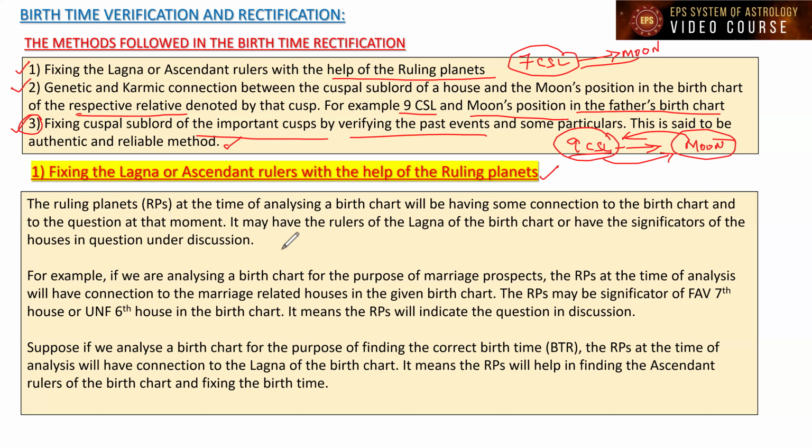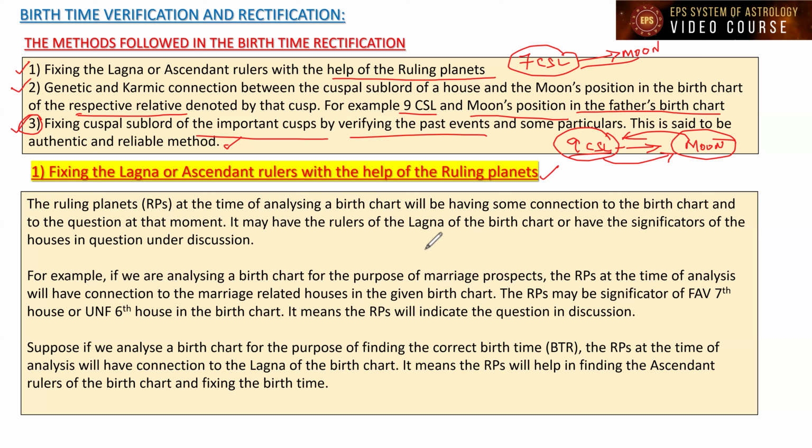It means, suppose we are taking a birth chart for analysis for an event like marriage, job prospects or childbirth, whatever the purpose may be. Why we are taking that birth chart at that moment for analysis, there will be some reason, right?